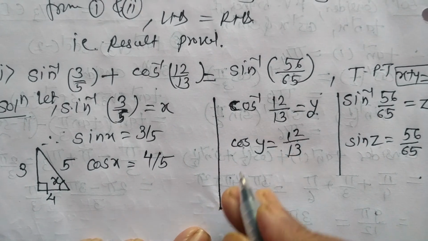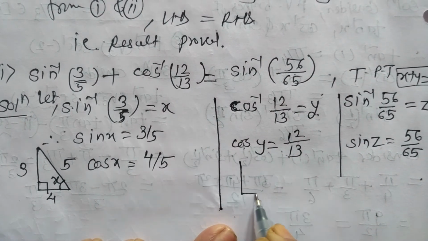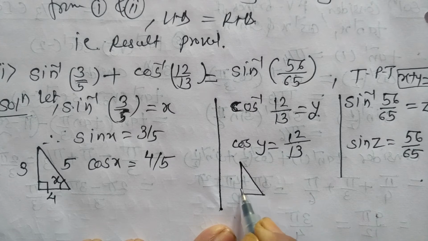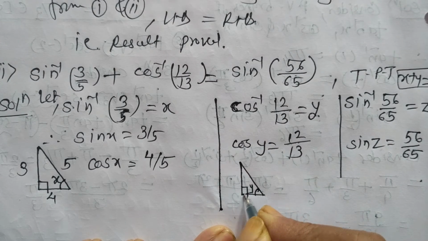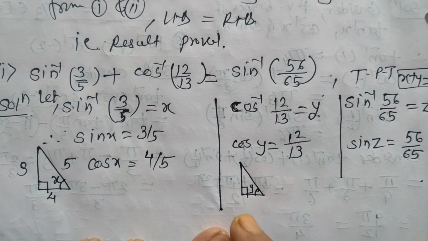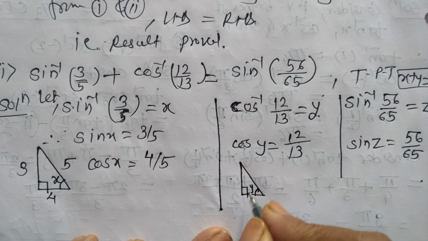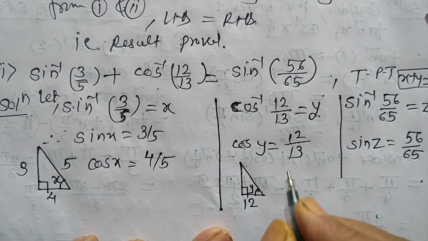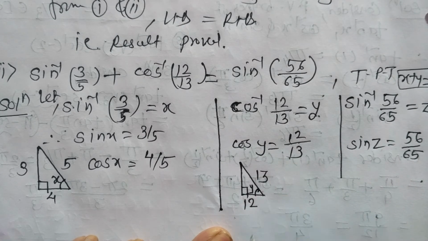Now for the second angle y, we again prepare a right angle triangle with the acute angle y. For this right angle triangle, cosine y is equal to 12 by 13, meaning the length of the adjacent side is 12 and its hypotenuse has length 13.